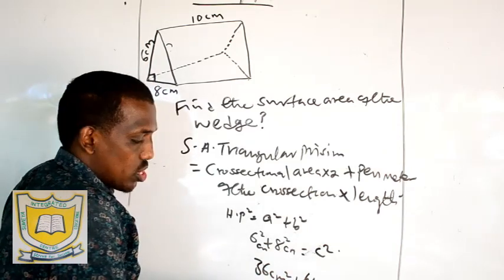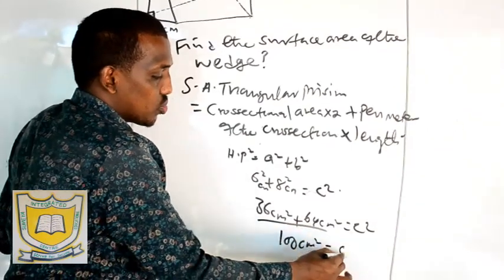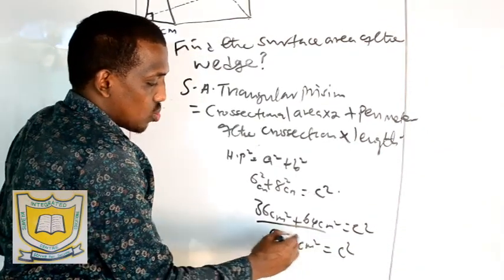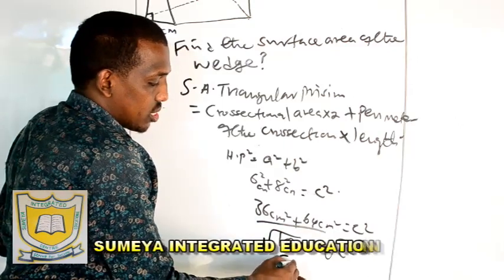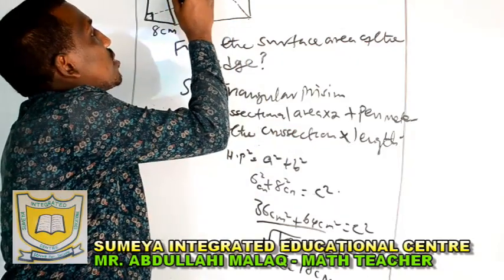You add the two, you get 100 centimeter squared is equal to c squared. What do you do to get the c? You square root on both sides. So c is equal to 10 centimeter. So the hypotenuse here is 10 centimeter.